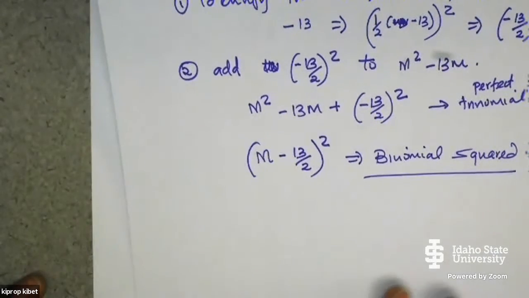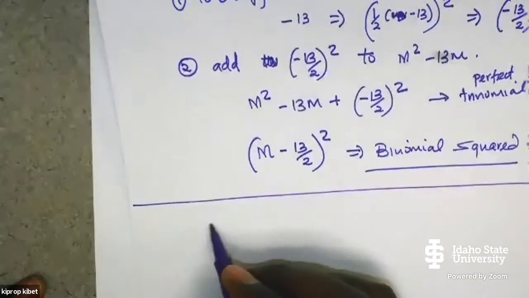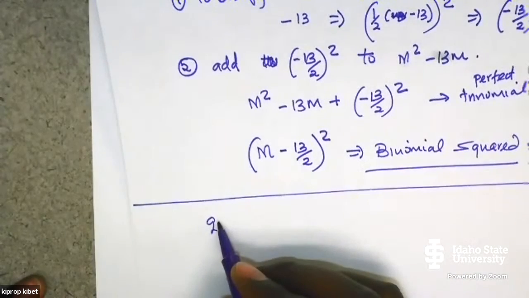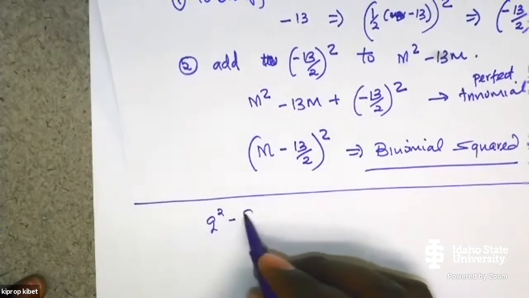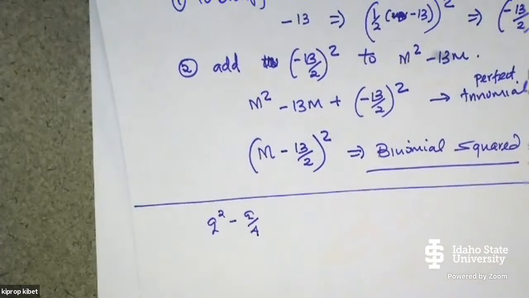Let's say we are given q squared minus q all over 4, and then you are told to complete the square to make a perfect square trinomial. Then write the result as a binomial squared.